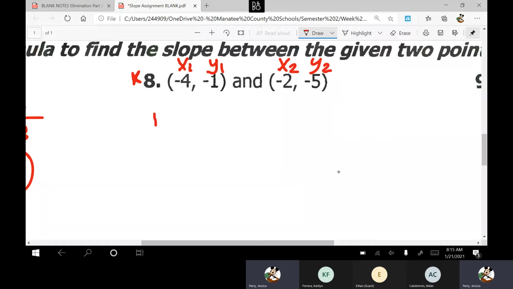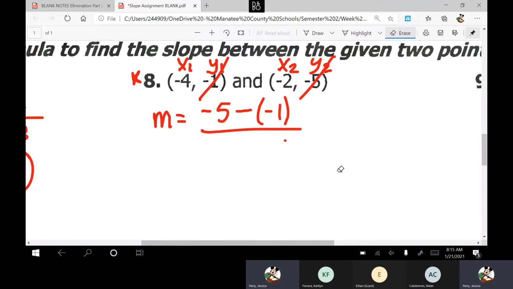Okay, so now let's plug it into our formula. What can I put up top? What's my y2 minus y1? What minus what? You do y2, or -5, first, minus... Perfect. -5 was my y2 minus my y1, which is -1.